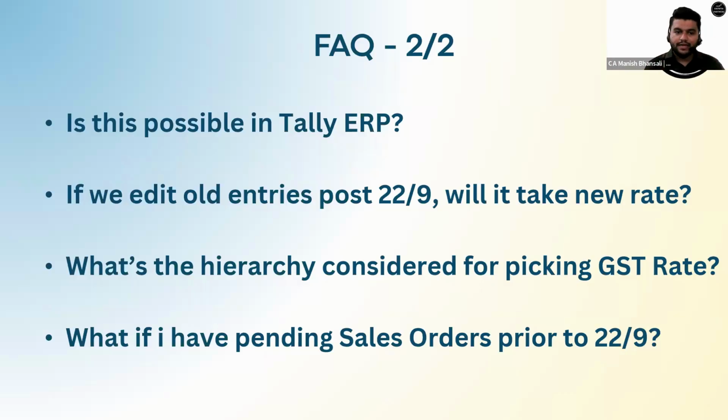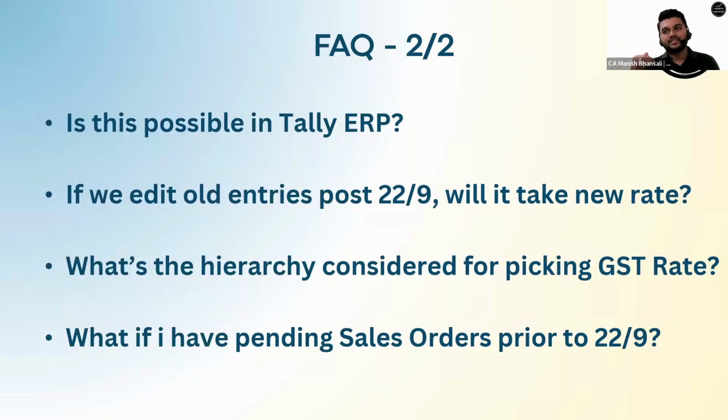Whenever you pass an entry, it goes from lower to higher. For example, if there is a tax rate in the stock item, it will always first pick the tax rate of the stock item. And if there is no rate there, it will then pick the rate of the stock group.